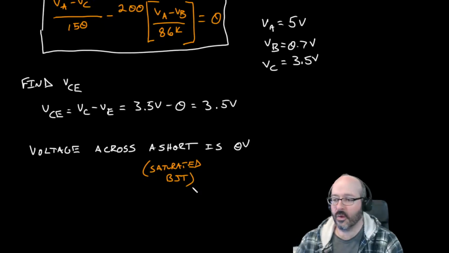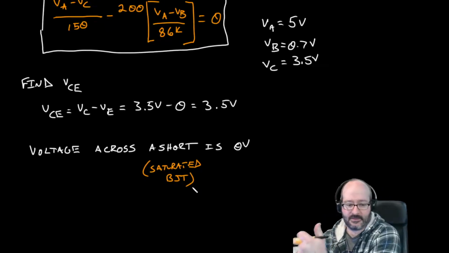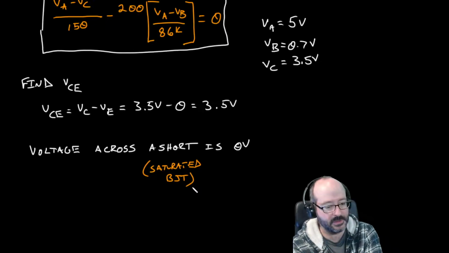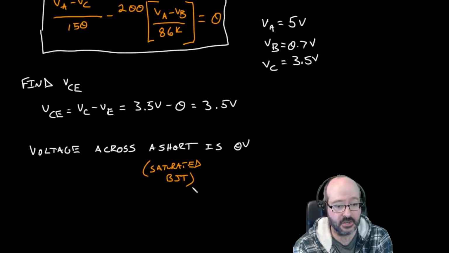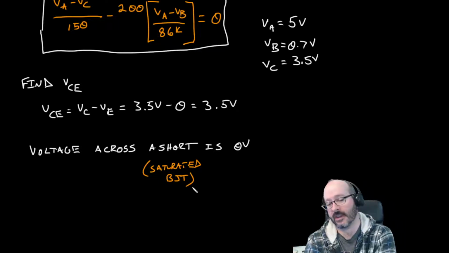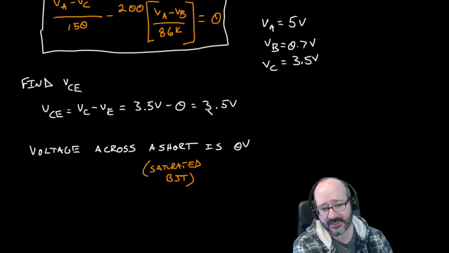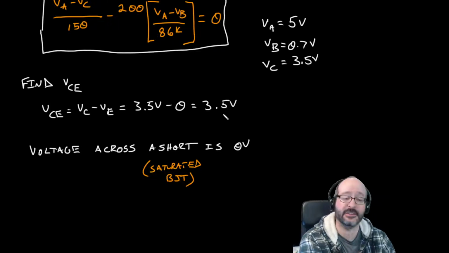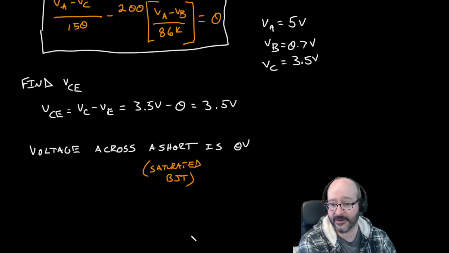A few videos ago I said it's on, it's off, or it's somewhere in the middle. When it's on, we call it saturated, and we treat it as a short circuit. From C to E is that short circuit, and the voltage is going to be 0 volts. I can see that this is not anywhere near 0 volts, so I'm going to say it's not saturated.